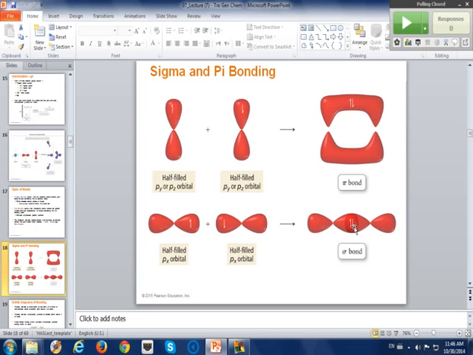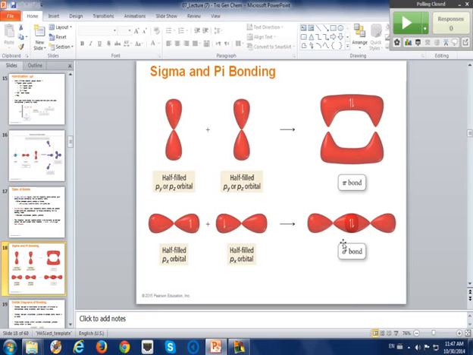And so this is the basis of sigma bonding, right? Because this overlap region exists in the same plane and along the same line as the two nuclei, where the two nuclei are at the nodes here for these two p sub x orbitals.